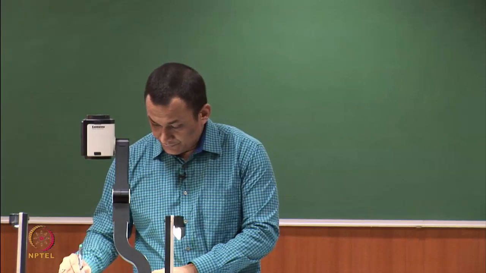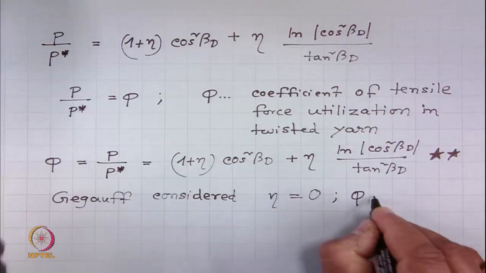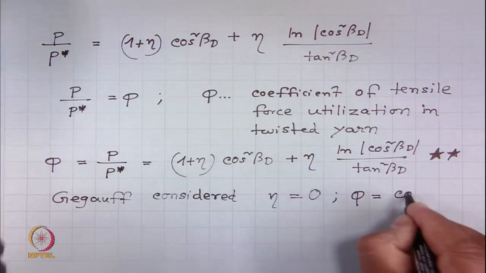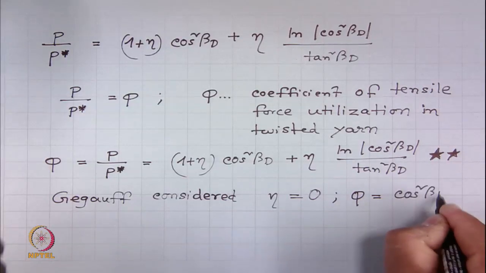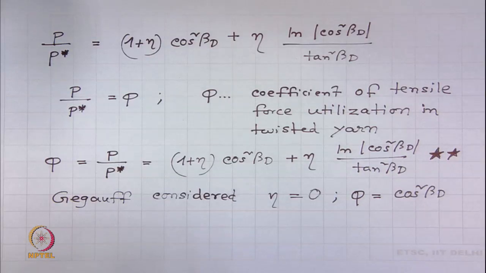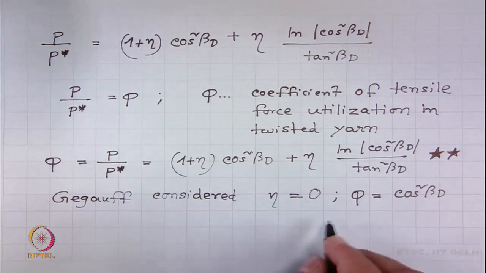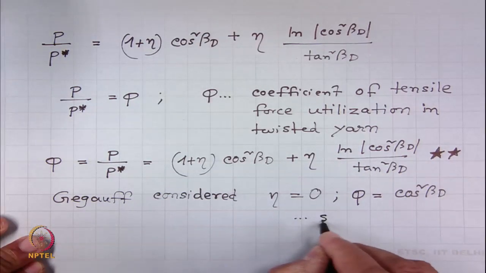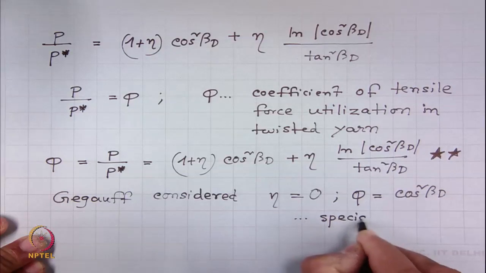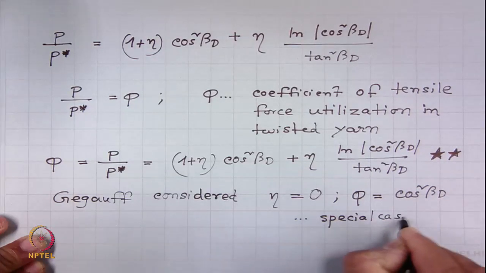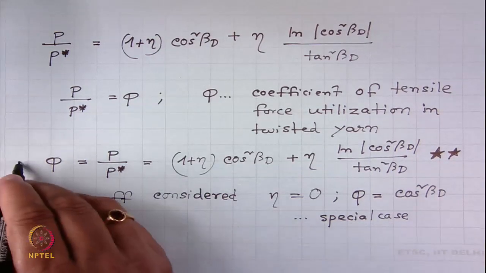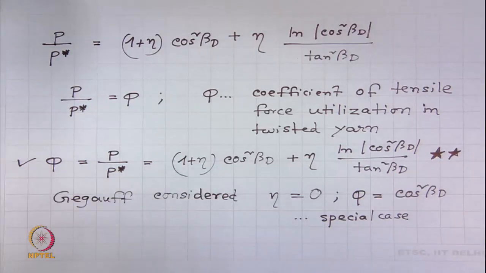So, phi is cos square beta d. So, this is a very special case. However, this is a very generalized expression.